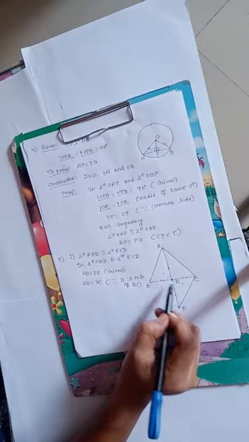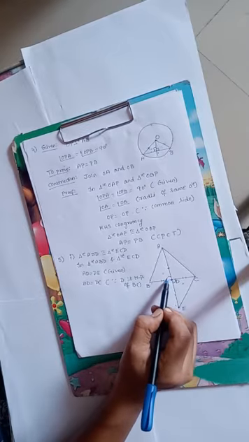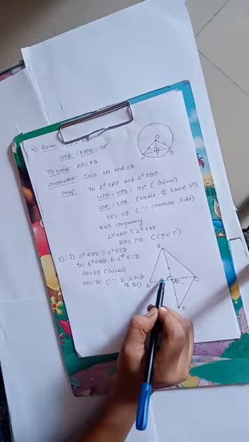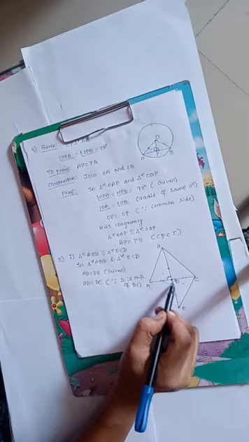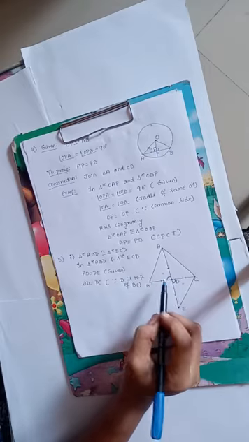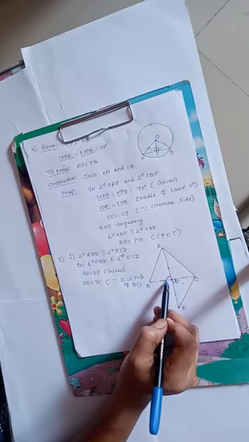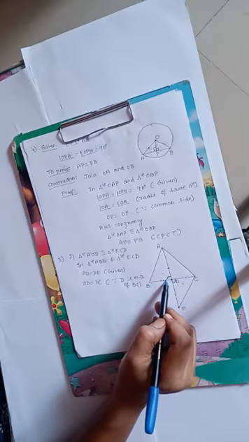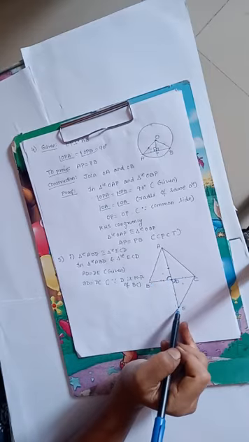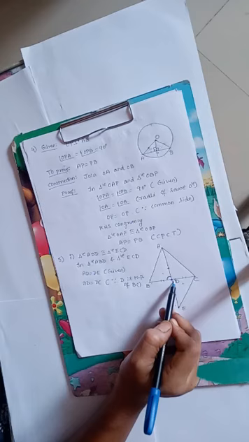Now check this angle. What about this angle? This angle is a vertically opposite angle. Vertically opposite angles are also equal. See, for AD and BD, this angle ADB is the included angle, and again for ED and CD, this angle will become the included angle.